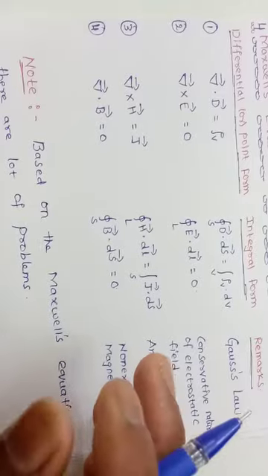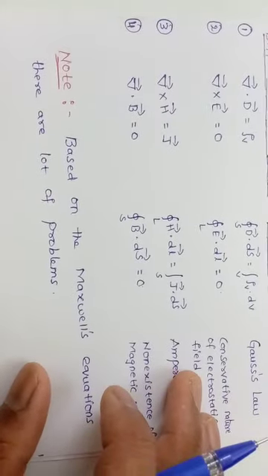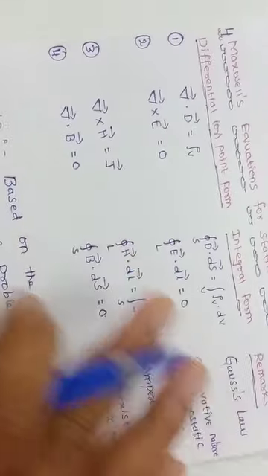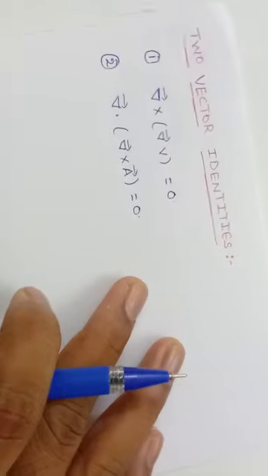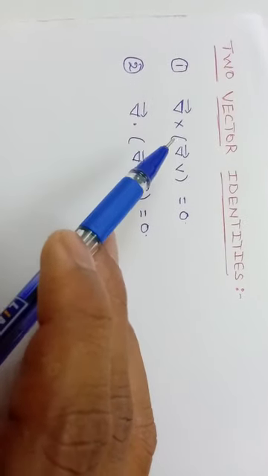Now we are going to discuss the next topic, magnetic scalar and vector potential. Before discussing the magnetic scalar and vector potential, we have to observe two important vector identities.